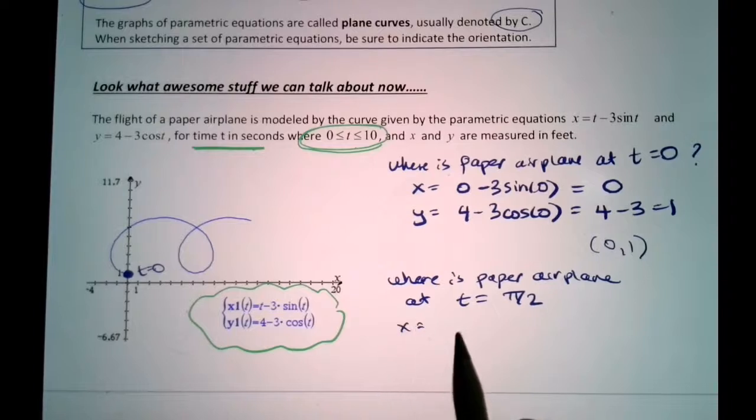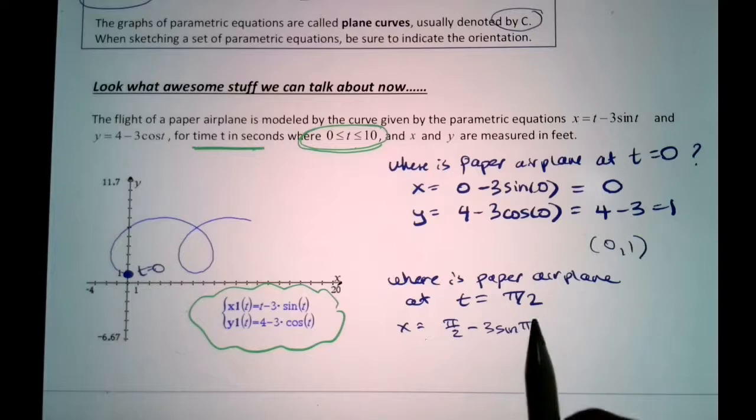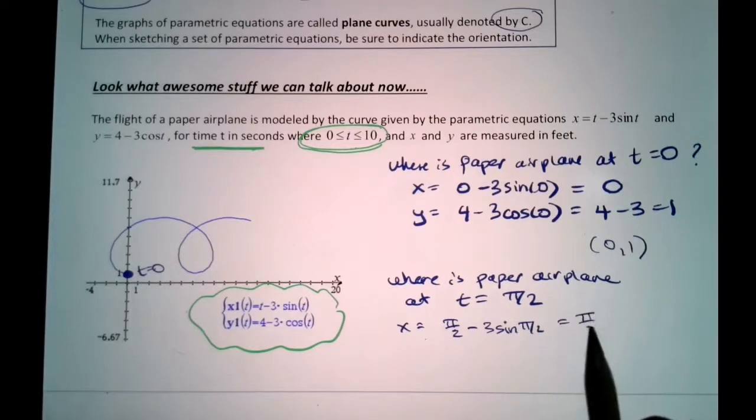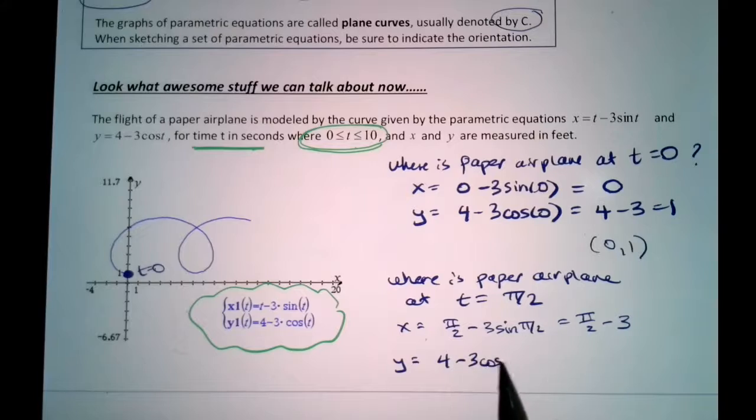Well, x is going to be pi over 2 minus 3 times the sine of pi over 2. That's pi over 2 minus 3. So that's a negative value, because pi over 2 is around 1.57, and 1.57 minus 3 is something negative. And then over here, y is 4 minus 3 times the cosine of pi over 2. The cosine of pi over 2 is 0.